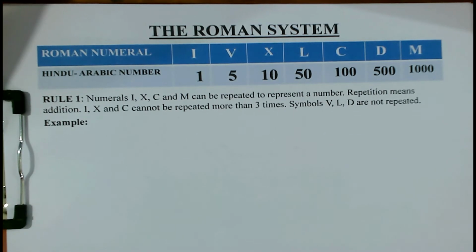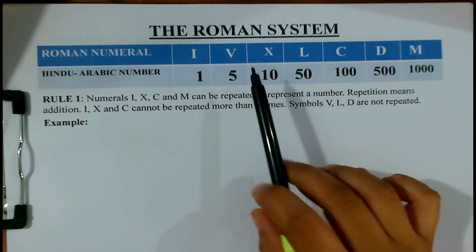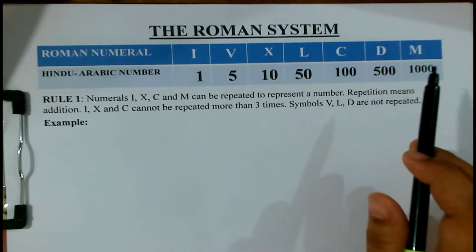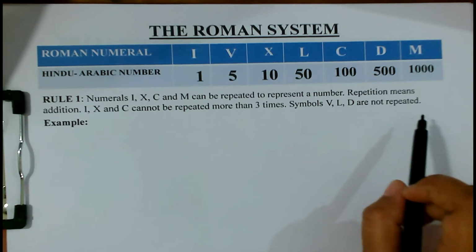Repetition means addition, and the letters I, X, C cannot be repeated more than 3 times. Symbols V, L, D are not repeated. Out of the 7 letters, V, L, D are not repeated.